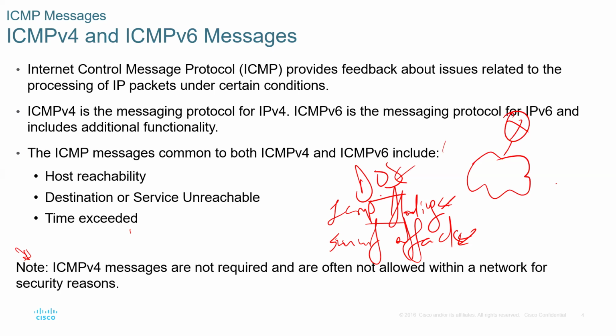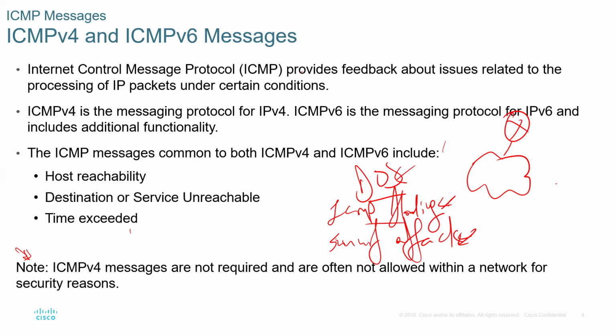That's the reason why ICMP messages are being blocked by firewalls. That's number two, I think that's number three, denial of service. We talked of ping sweeps, mapping out a network, and this is the denial of service.